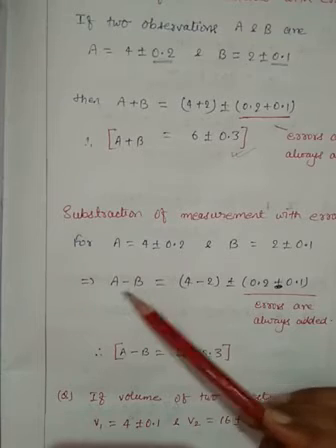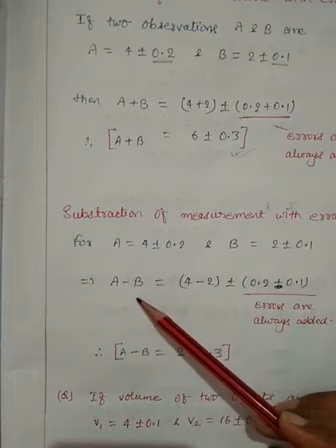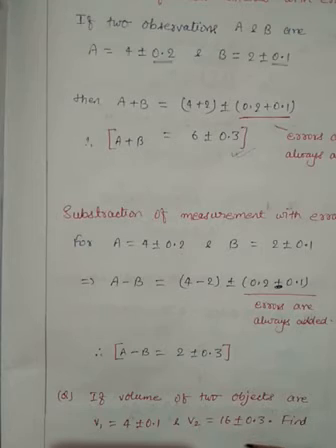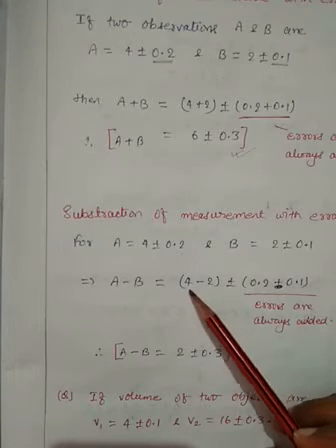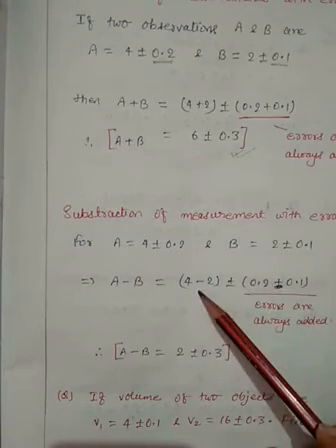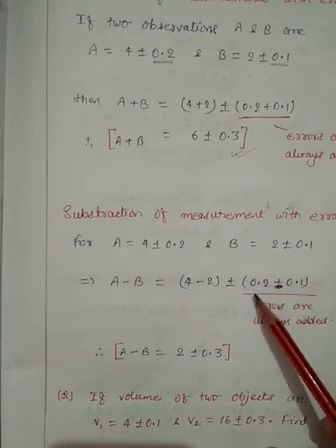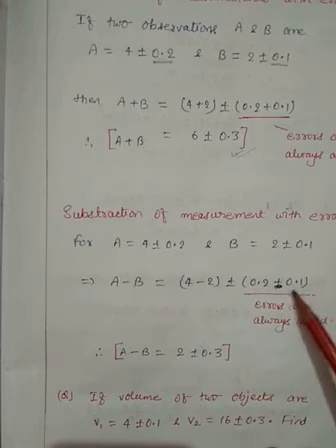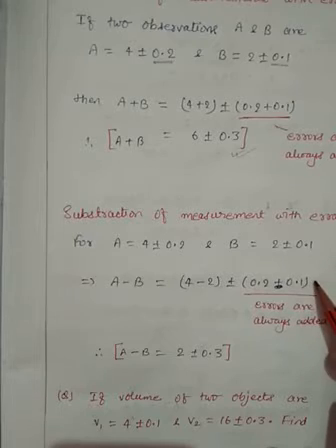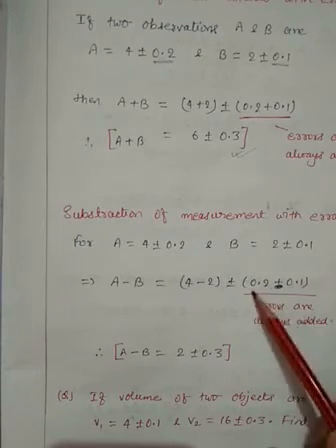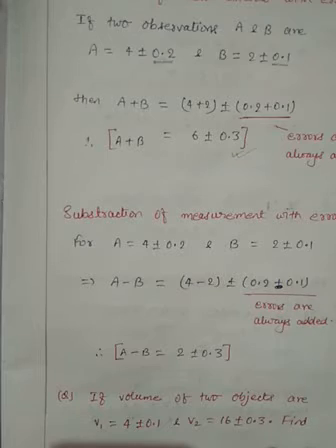If they are taken as the difference, A minus B will be represented as 4 minus 2 plus minus 0.2 plus 0.1. Now here you might be confused that on the main side we are subtracting, but on the error part we are adding. There is one simple explanation for this.